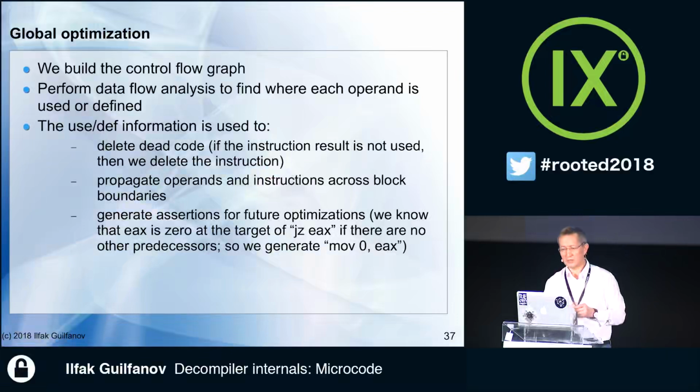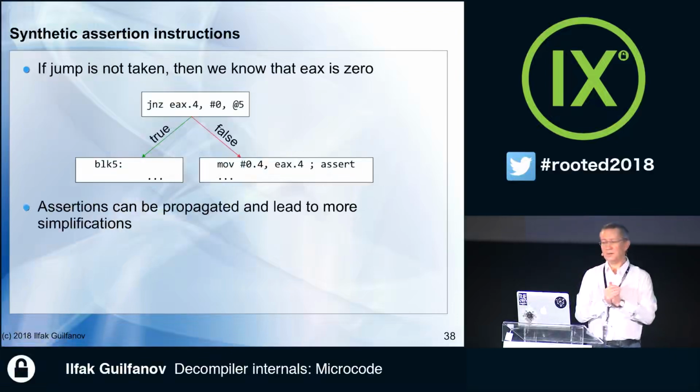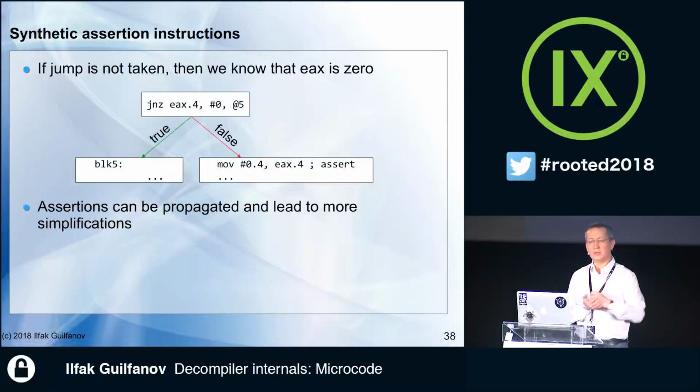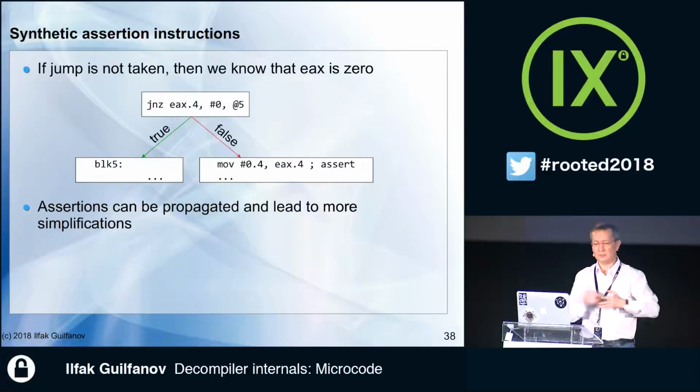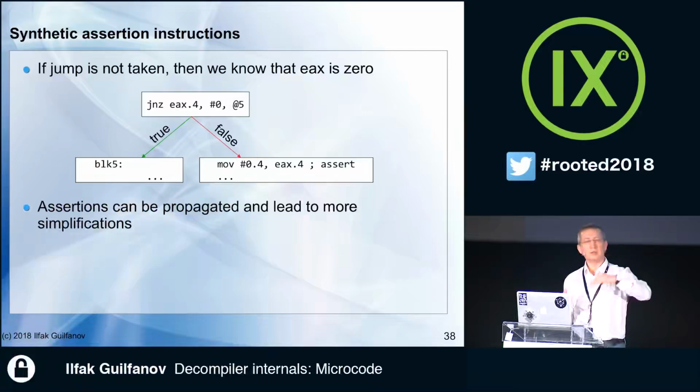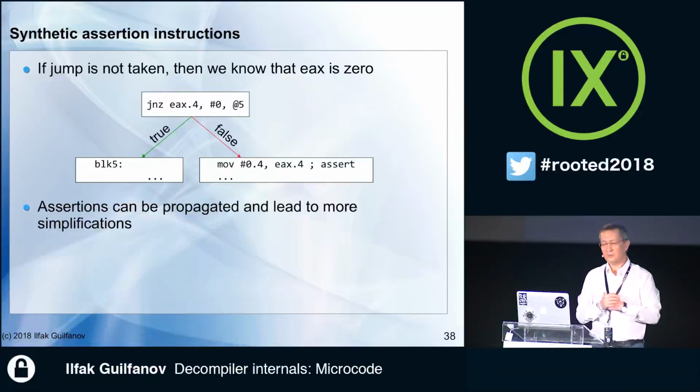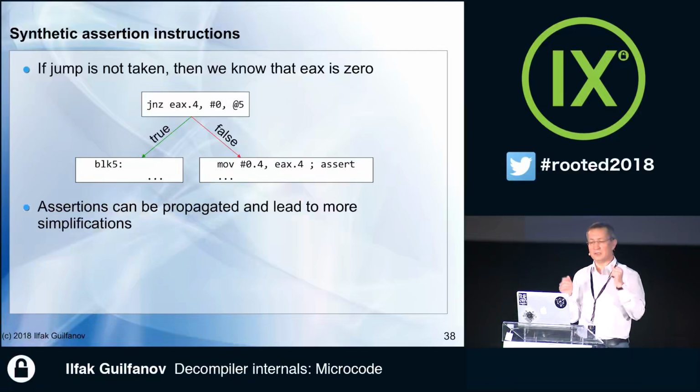Let me show you, I have a slide for that. If you have a conditional jump, we jump if not 0, if EAX is not 0, then we jump to the block number 5. Otherwise, we don't jump, we just continue to the next block. If you follow the false edge, the red edge on this slide, then we are sure that EAX is 0.